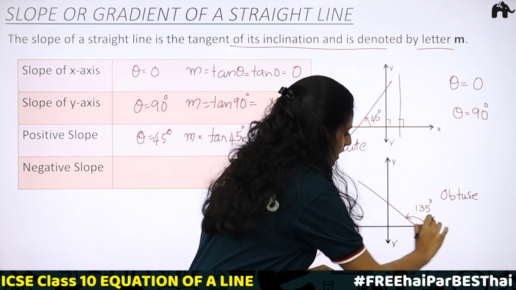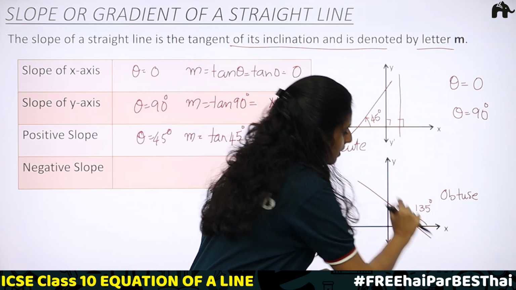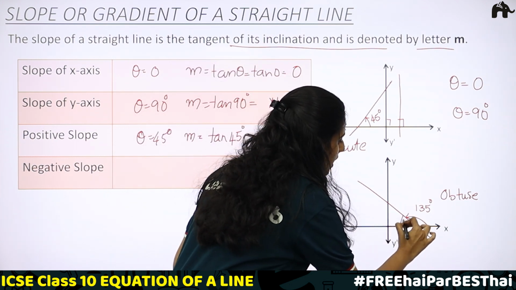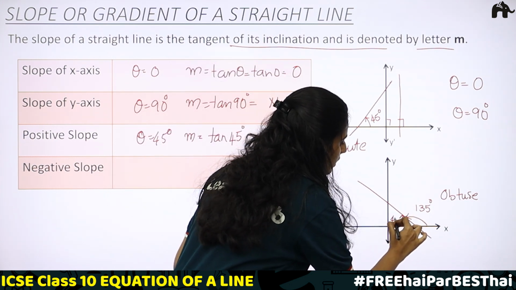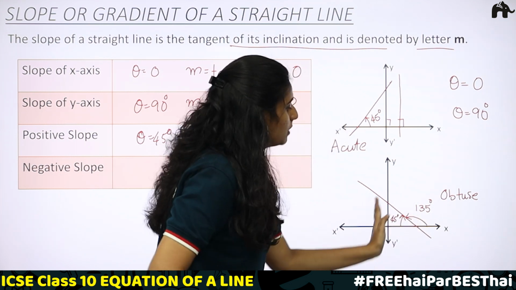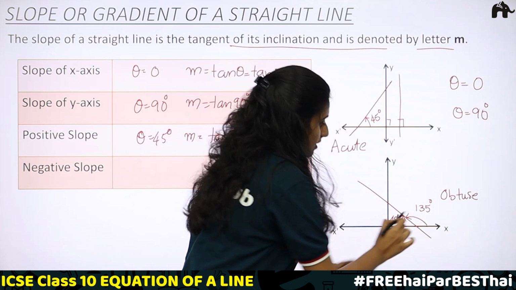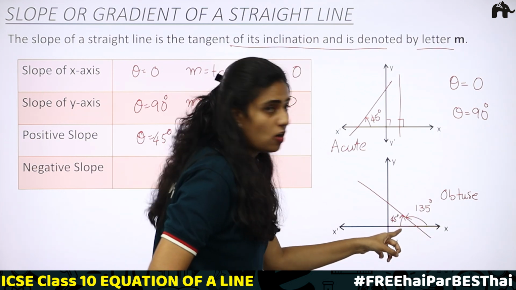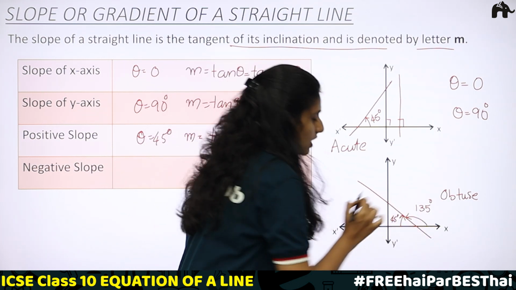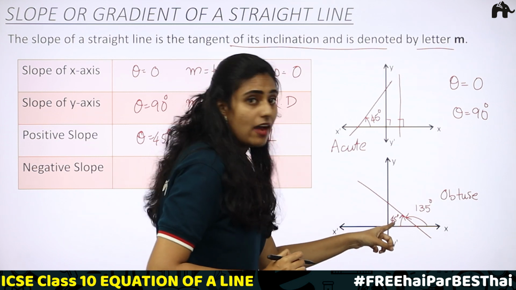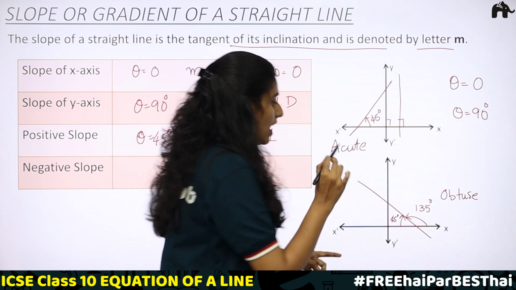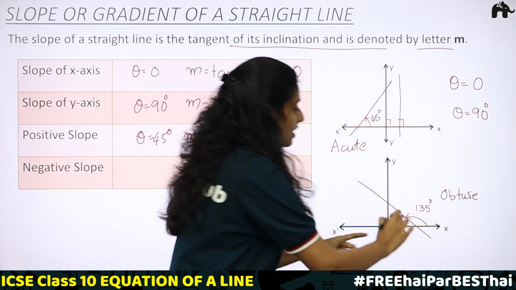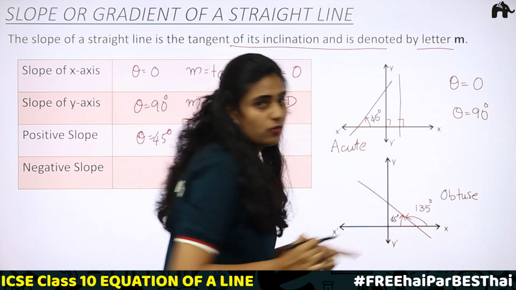So this is a straight line. The total measurement will be 180 degrees. Then what is this part? This part will be equal to 45 degrees. That is, from the left side of the line along the x-axis, when you measure the angle in the clockwise direction, we get 45 degrees. So in this case we have to take it negative. Yes, we have discussed theta, or inclination, is negative when the measurement is in the clockwise direction.